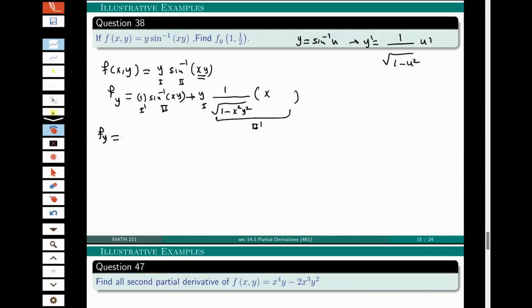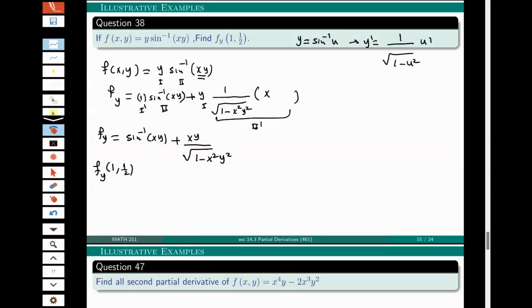So f sub y becomes sine inverse of xy plus x times y divided by square root of 1 minus x squared y squared.